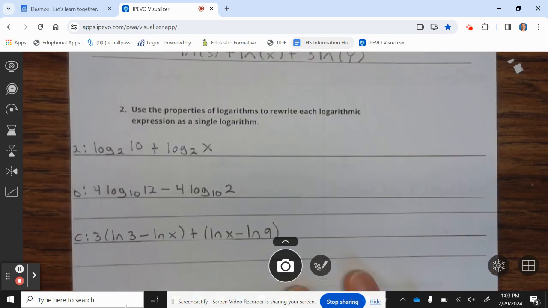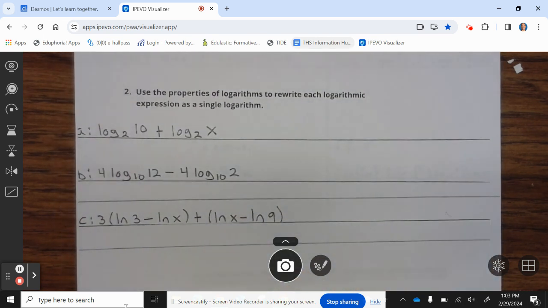Let's take a look at 2. Use the properties of logarithms to rewrite each logarithmic expression as a single logarithm.